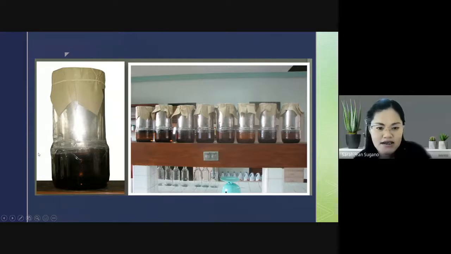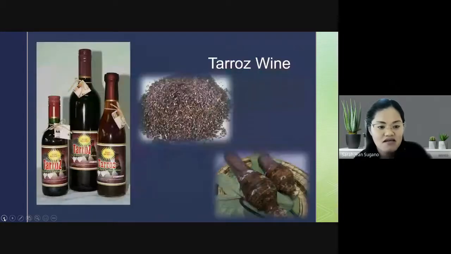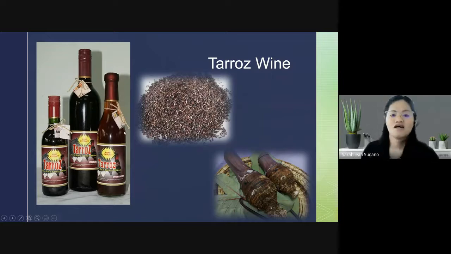After it is fermented or incubated for 7 days, the liquid is harvested. The wine is then pasteurized, bottled, and labeled, and we mostly sell it during anniversaries.